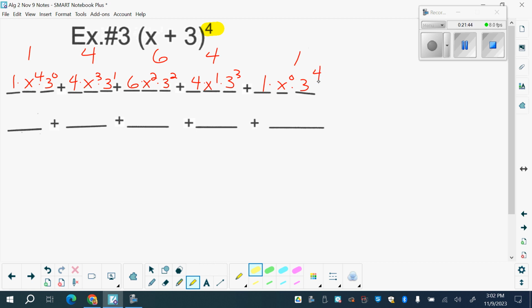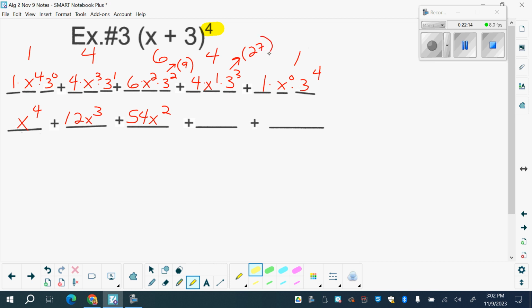And so now we're simplifying. 3 to the 0 is 1. 1 times 1 is 1, x to the 4th. What's 4 times 3? 12, x to the 3rd. 3 squared is 9. 6 times 9. 54, 54 x squared. What's 3 to the 3rd? 27.